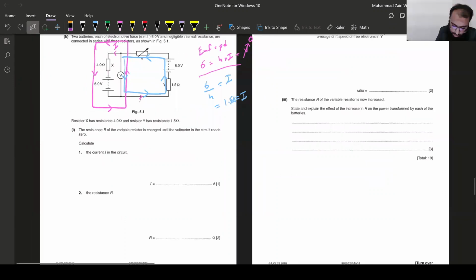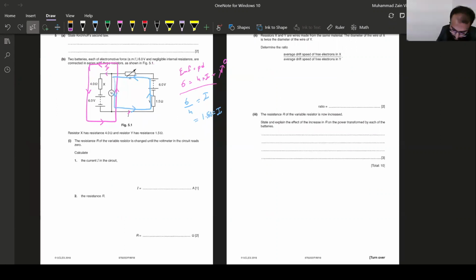If I need to equate the EMFs to the potential differences, I'll get EMF1, which is the one EMF in this loop, the 6 volt battery. 6 equals the potential difference. First would be I R, the second would be 1.5 R. So this is what I'll have.